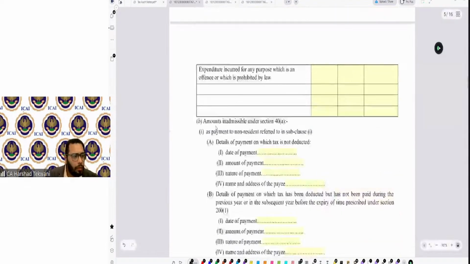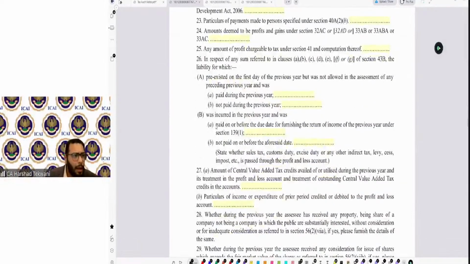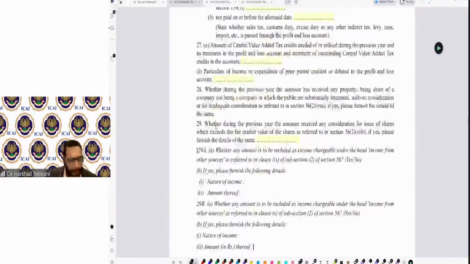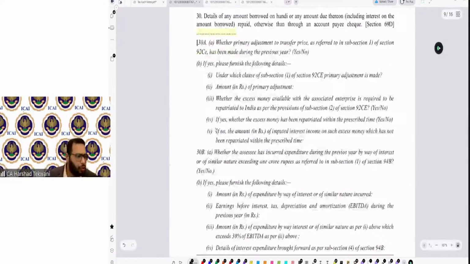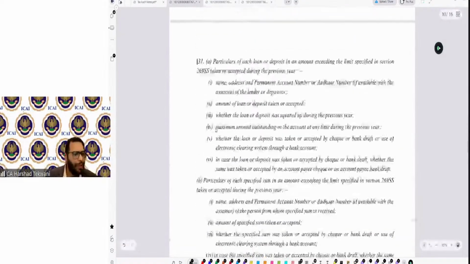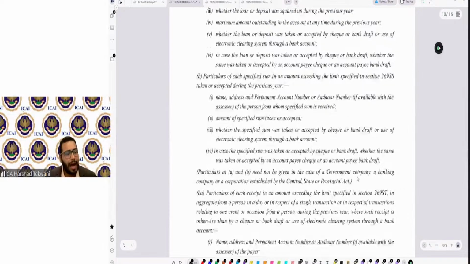Apart from that, there are multiple clauses that we will discuss, but these are the clauses which we usually deal with in a practical scenario, and you report them in tax audit. So from that basis also you will start remembering the clauses.